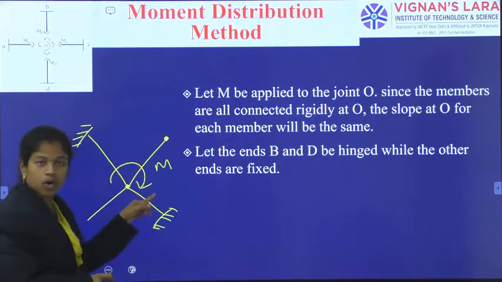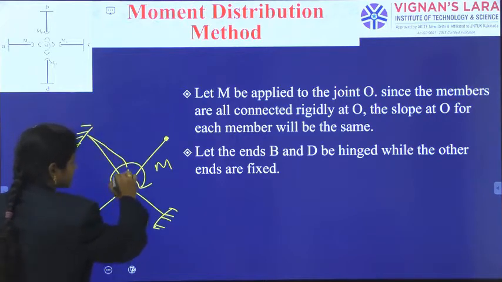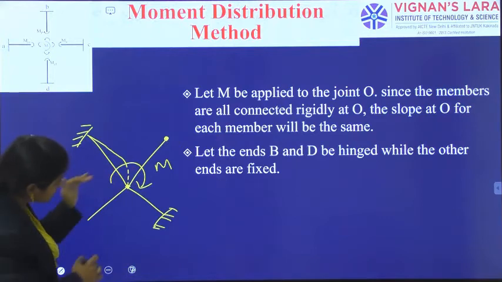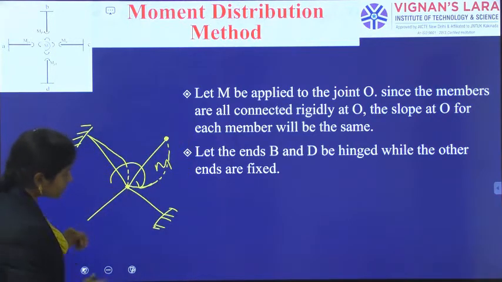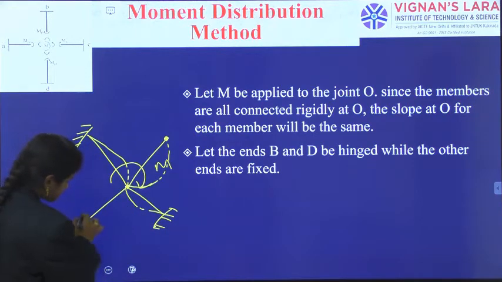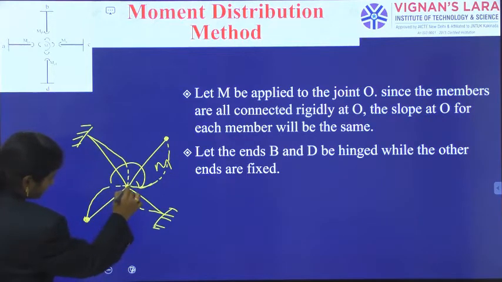As this M is causing like this, this member may have movement like this. Okay, this member may have the elastic curve shape like this. And for this member you can observe some curve shape like this. And this member may have some shape like this. And this member, which may be a hinged, it may have some.